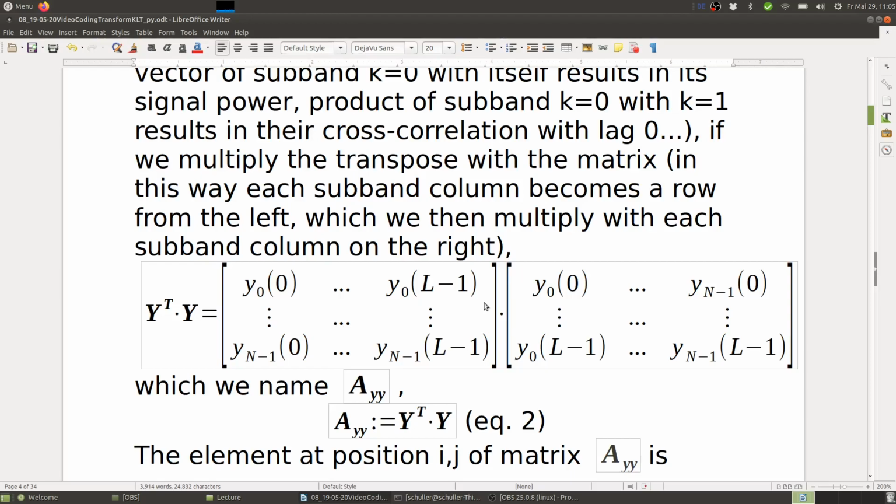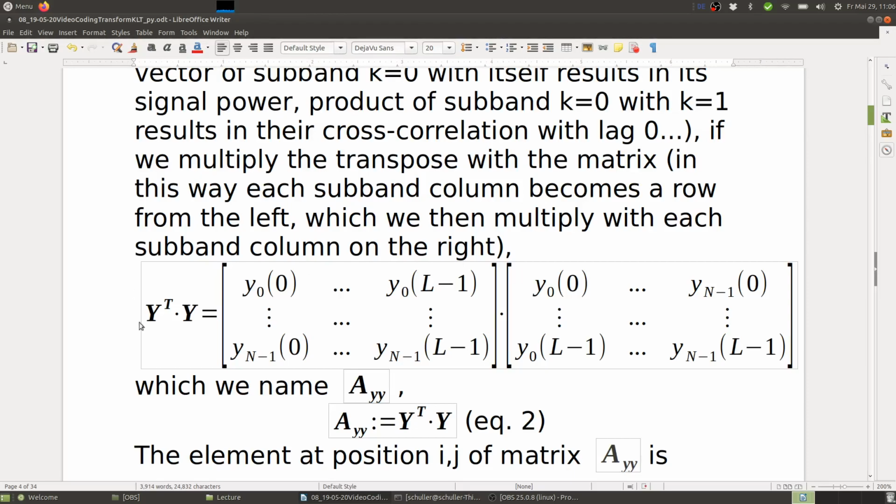Right? So the next entry will be the cross correlation, and this is what we actually want to have. So in the end, if all the cross correlations shall be 0, then all the off-diagonal elements of the result matrix AYY should be 0. The diagonal elements all contain the powers of the subbands, and the off-diagonal elements contain the cross correlations, which we would like to be 0.